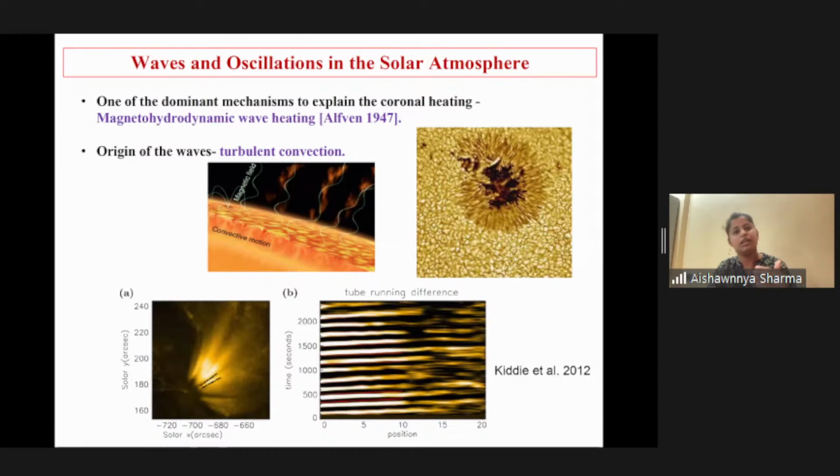This is how these intensity enhancements, these density perturbations, propagate, and we can measure the propagating speed of these intensity disturbances. We have found that it is below 150 kilometers per second. Generally, the velocity of sound in air is around 332 meters per second. But in the solar atmosphere the temperature is high, and the velocity depends on the formula sqrt(gamma p by rho) or sqrt(gamma RT by rho), so it depends on temperature.